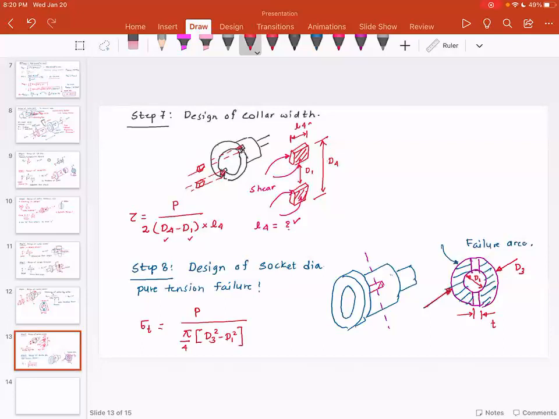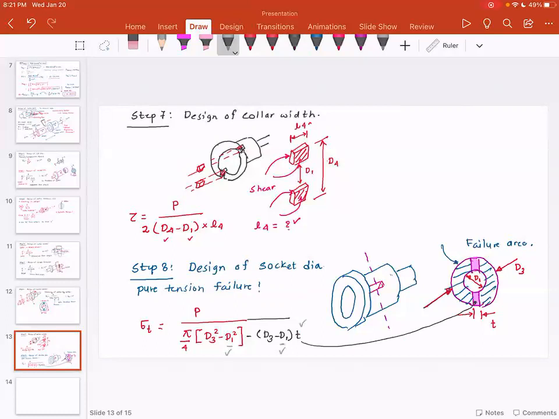That gives you the total annular area, minus the area which is shaded over here. This shaded area is nothing but D3 minus D1 times T. So you have this annular area, subtract the shaded area, and in this equation, D1 is known, T is known.